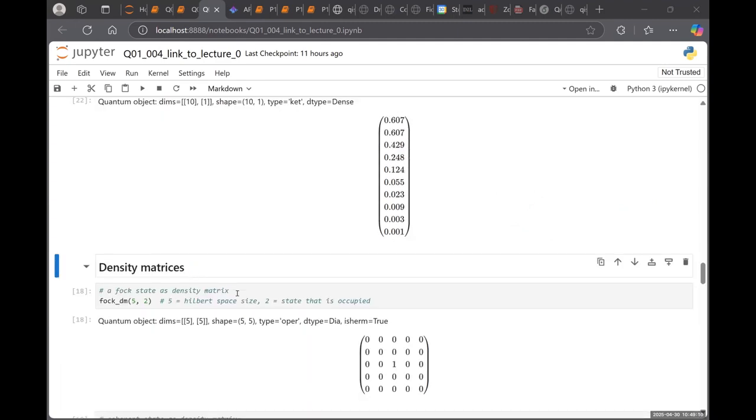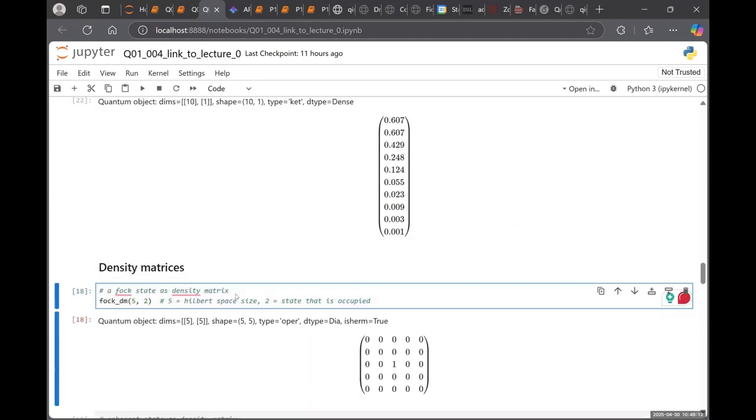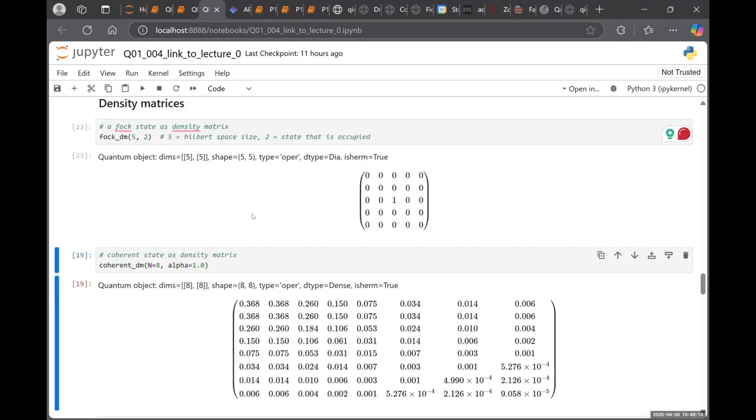Okay, and the next one is density matrices. Really just taking the ket and bra. Maybe we first do the phi 2.